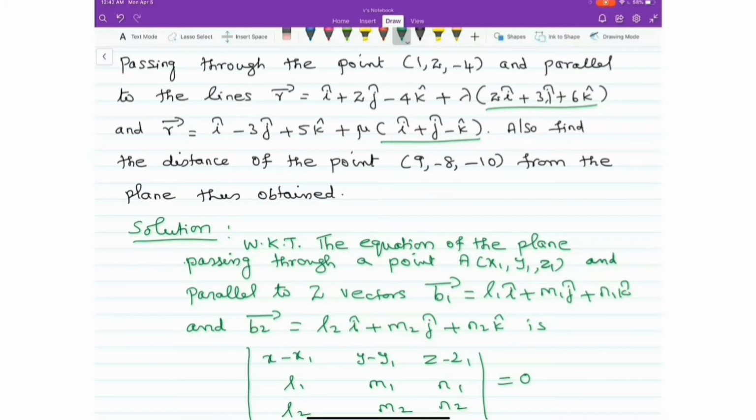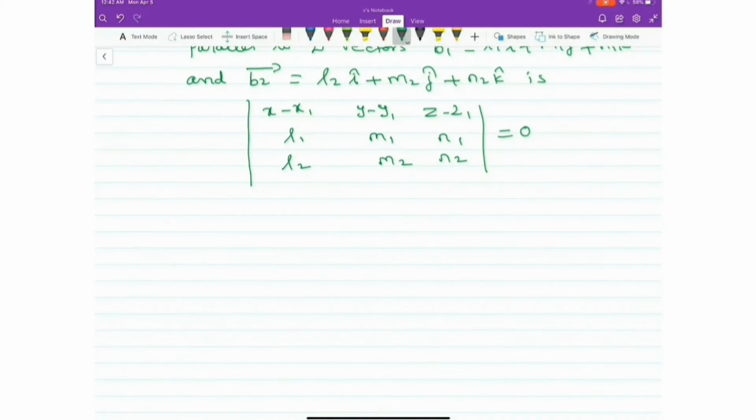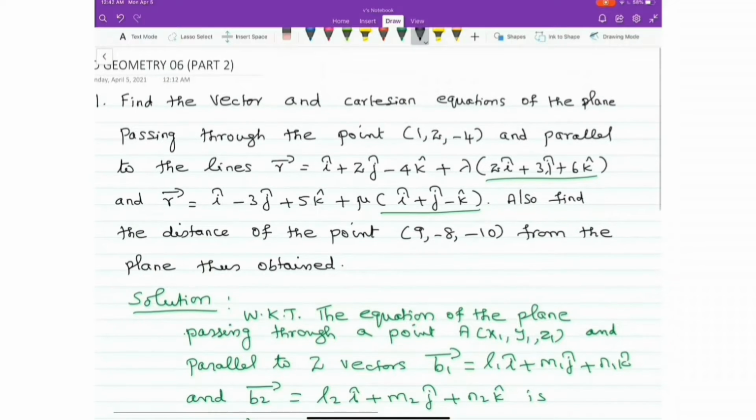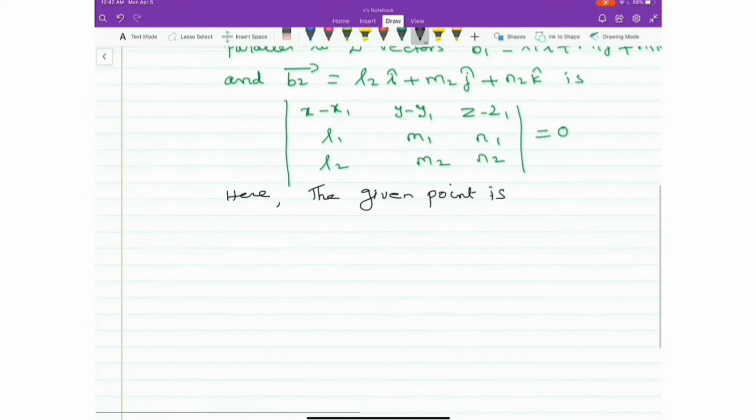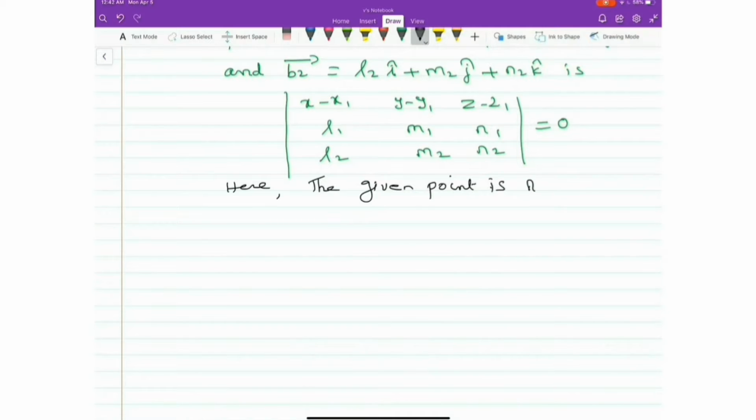Okay, now let me write down all those things for you here. Here, the given point is 1, 2, minus 4. Let us give the name to that point as well: A(1, 2, minus 4).